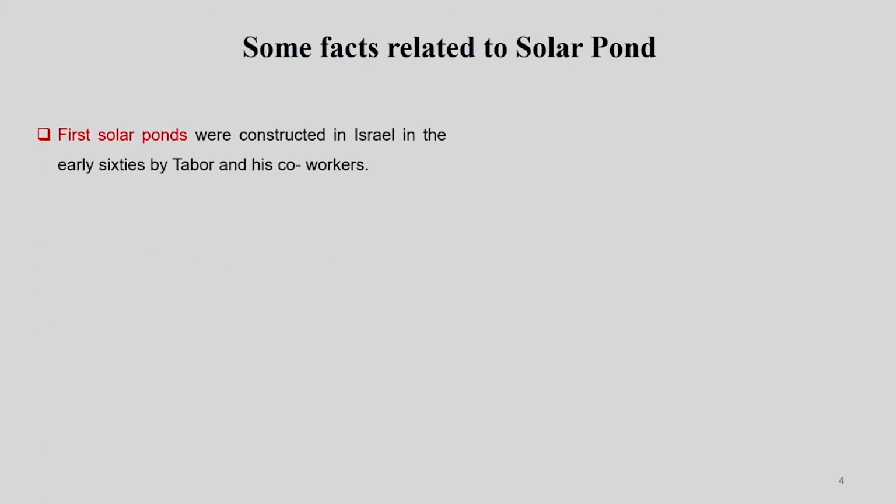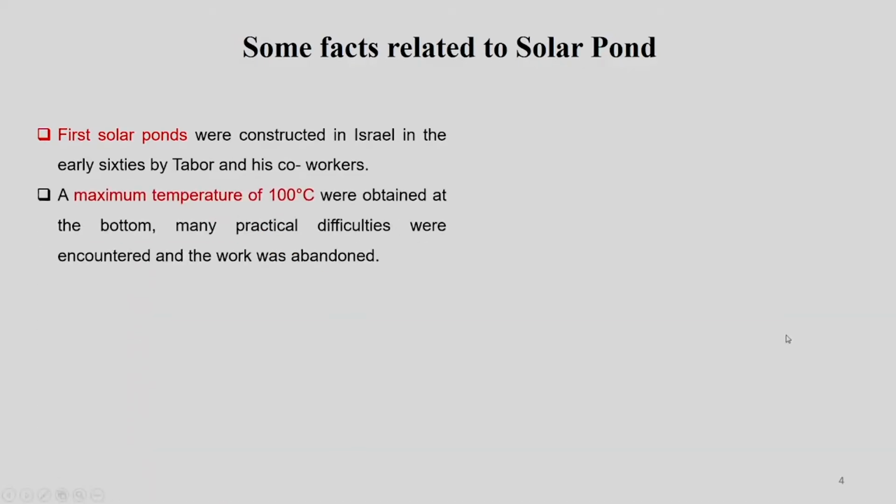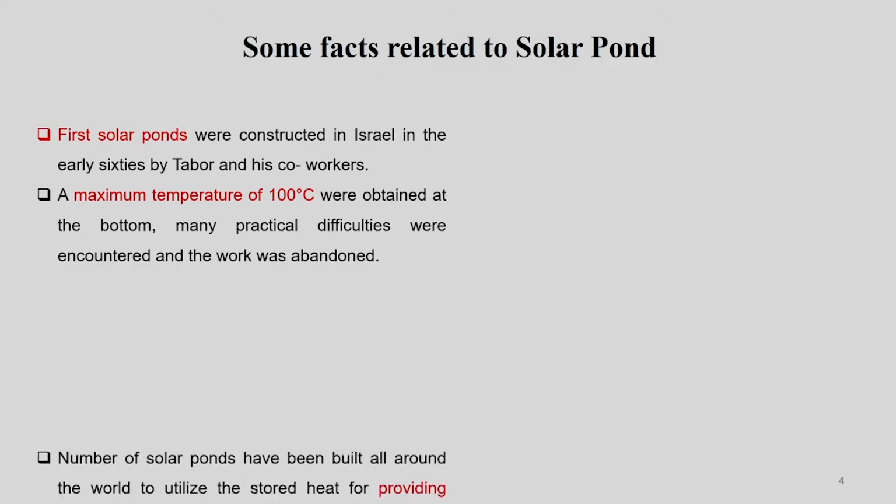The first solar ponds were constructed in Israel in the early 60s by Tabor and his co-workers. A maximum temperature of 100 degrees C was obtained at the bottom. Many practical difficulties were encountered and the work was abandoned.